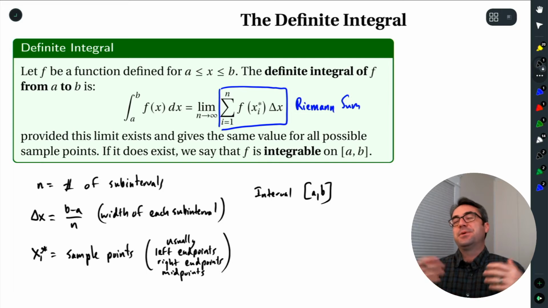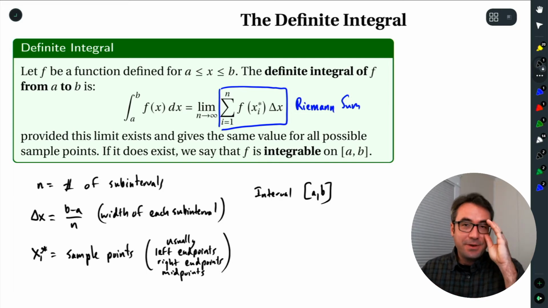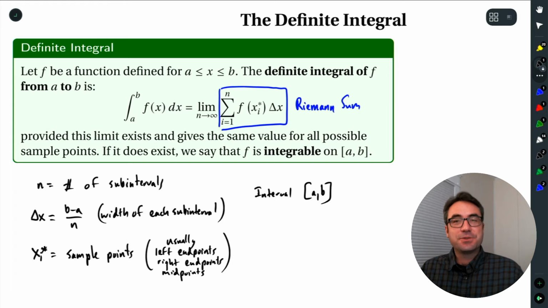When we first looked at derivatives, we had a limit definition for the derivative. That one is also difficult to do, but we could actually do it for some easier functions. This limit definition of the definite integral, though, is extraordinarily difficult to do by hand for even modest functions like x squared.